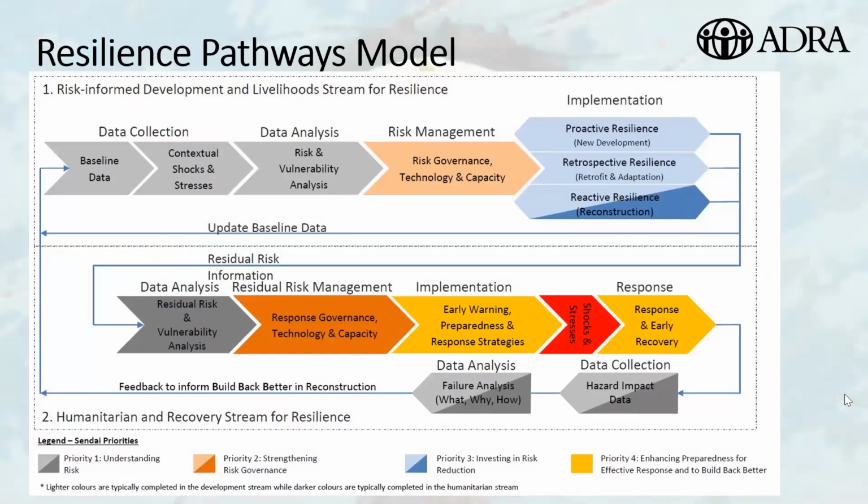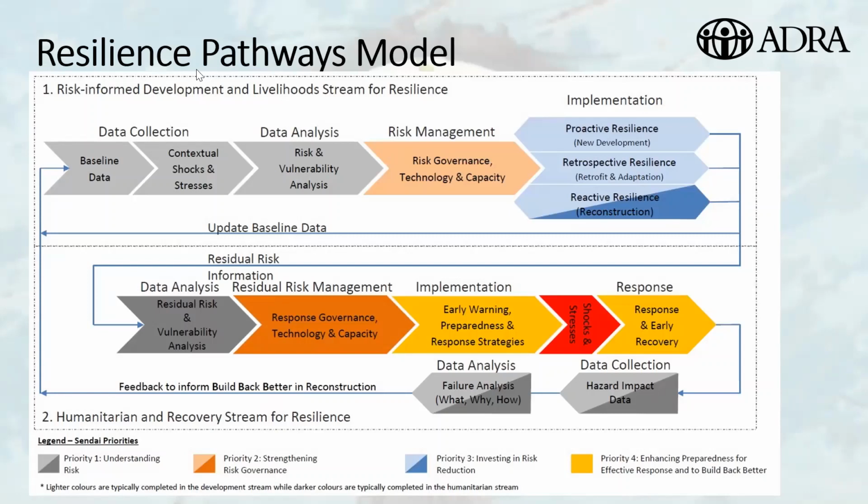If you follow the steps that are described in the policy, data collection, the baseline data to analyze the shocks and stresses, vulnerabilities, and then of course identifying the key stakeholders under the risk management component, which comes under the development stream, you automatically start identifying the key stakeholders and then also the pathways that are available.